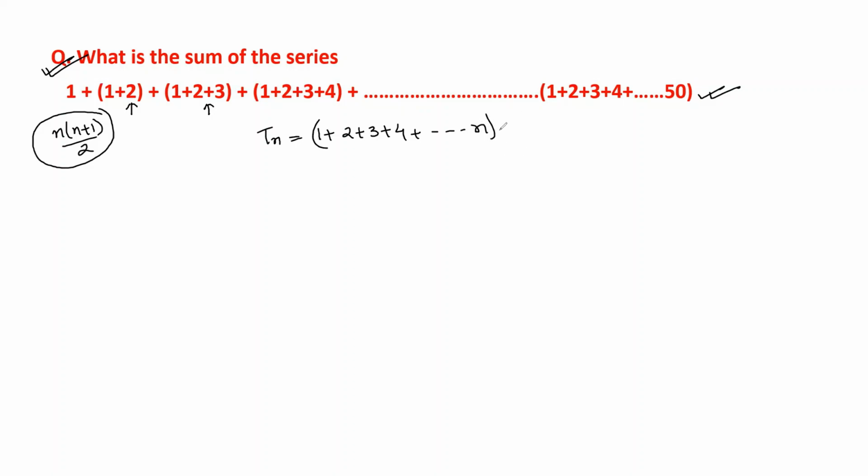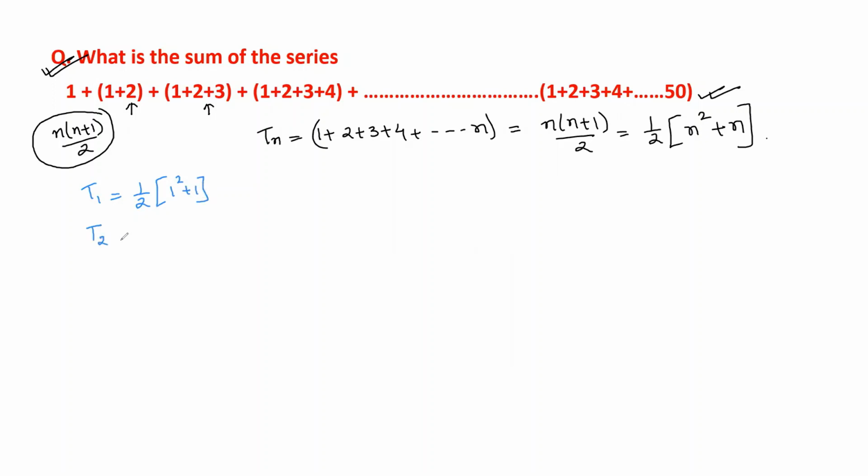Now we can directly use the sum of first n natural numbers formula, which is n into n plus 1 by 2. And this can further be written as 1 by 2 times of n square plus n. So now the first term T1 can be written as 1 by 2 times of 1 square plus 1.